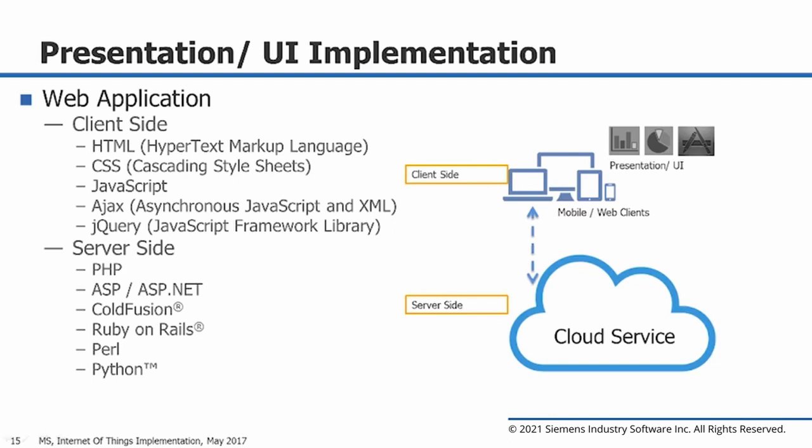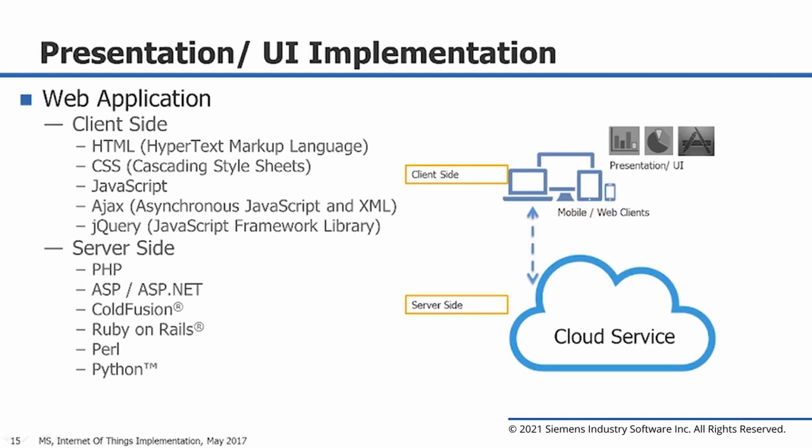Let's talk a bit more about the web applications. So web applications are implemented in two parts. One is the client side that actually runs or is interpreted in your browser on smartphones or tablets. For example, you get an HTML page and your browser is responsible for parsing the tags and displaying a resulting view.